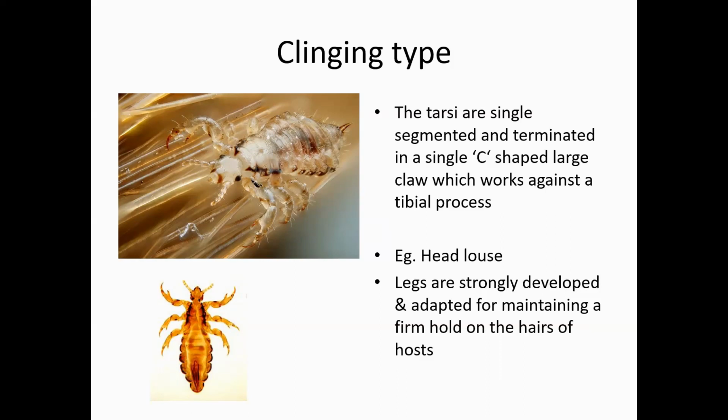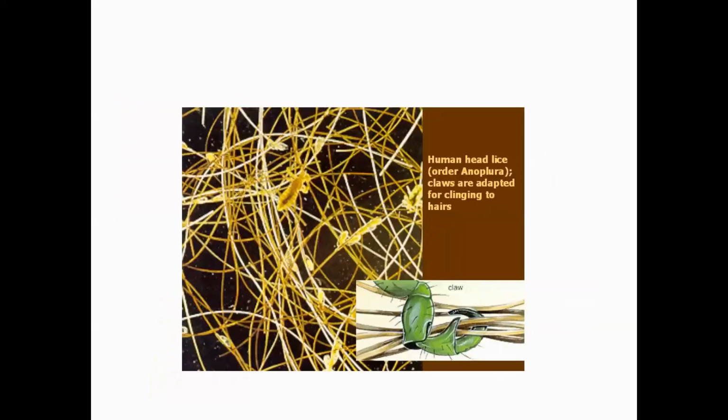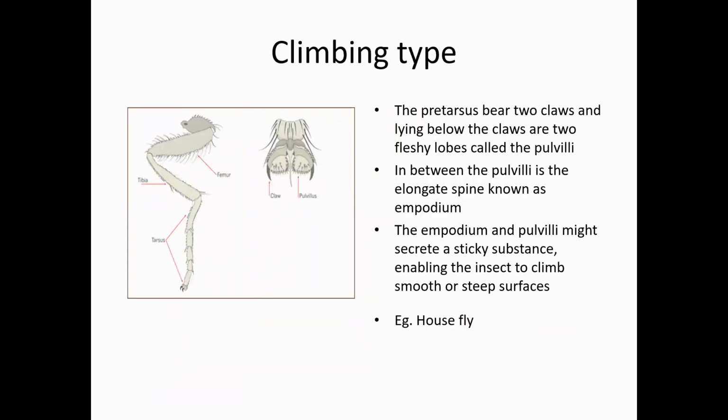The legs are strongly developed and adapted for maintaining a firm hold on the hairs of the hosts. Clinging type. In human head lice, the claws are adapted for clinging to the hairs.